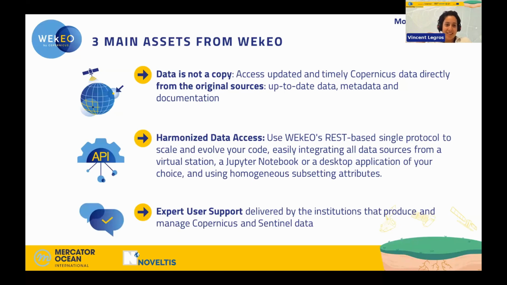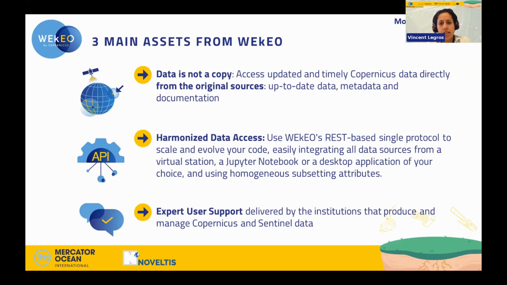The three main points of WEkEO, and why it is an advantage, is that it provides direct access to all the Copernicus services data, which is directly linked to the original sources. So it is not a copy. And this access is also harmonized.